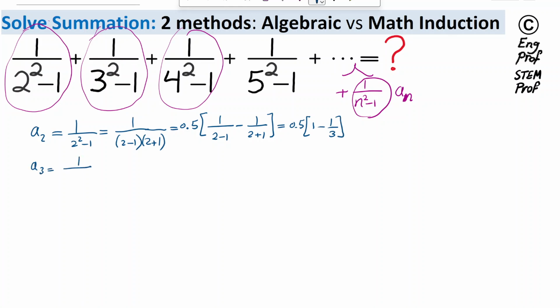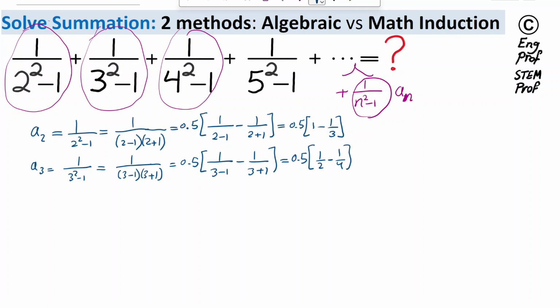A3 is 1 over 3 squared minus 1, which is again 1 over 3 minus 1 times 3 plus 1, which can be written as 0.5 times 1 over 3 minus 1 minus 1 over 3 plus 1, which can be written again as 1 over 2 minus 1 over 4. Alright, I'm going to do a few more terms very quickly because I need them.